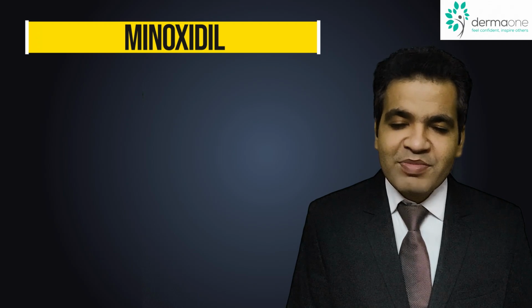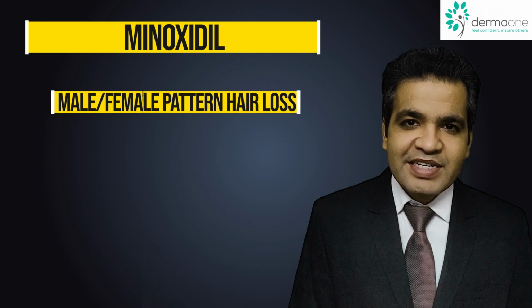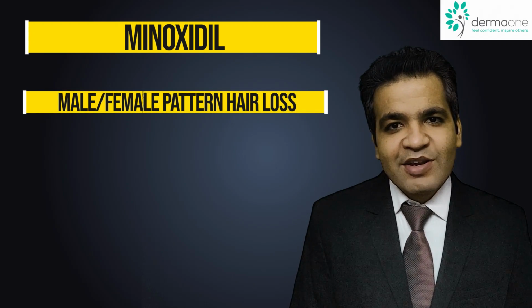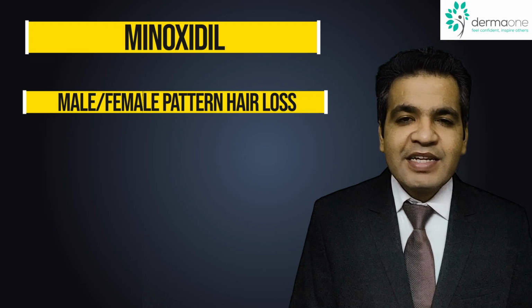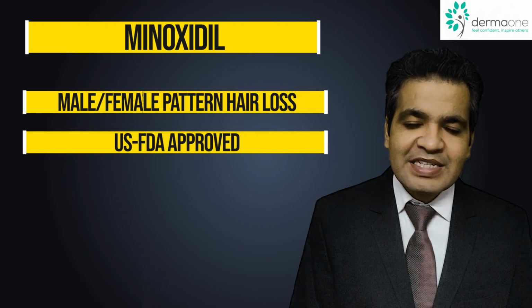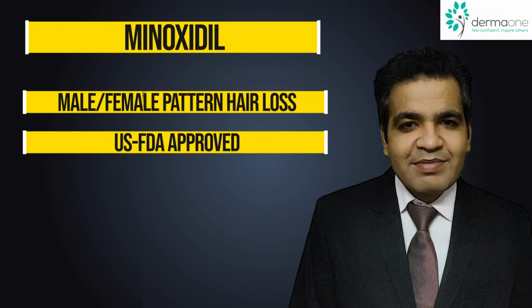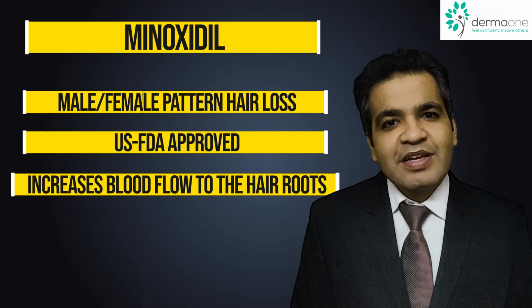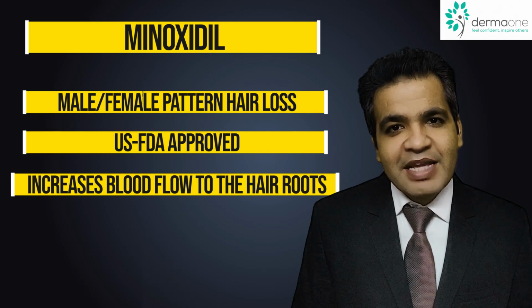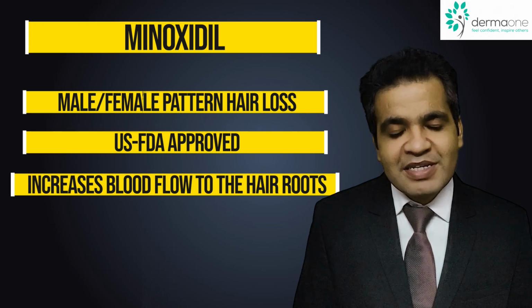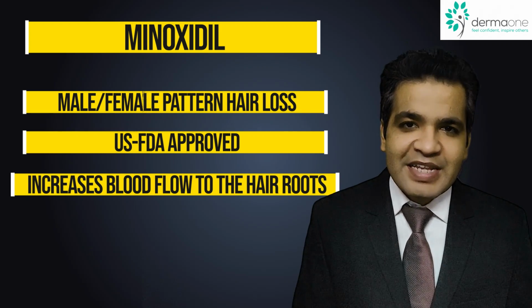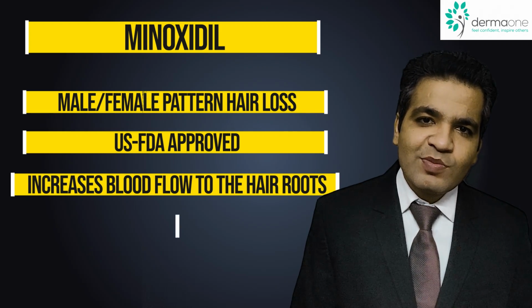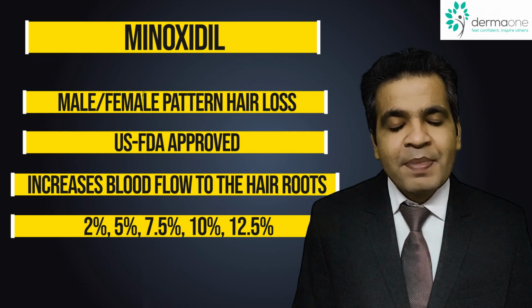Minoxidil is the most commonly used drug for treating androgenetic alopecia or male pattern hair loss or female pattern hair loss. It is a US FDA approved drug for these indications. What it does is it improves the blood supply to the scalp. It dilates the blood vessels that are supplying blood to our scalp and hence helps in hair growth. It is available in various concentrations as a lotion from 2% to 12.5%.